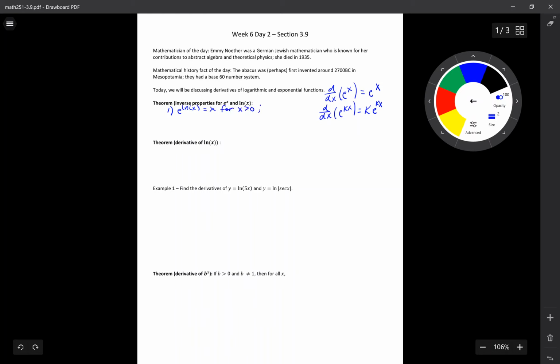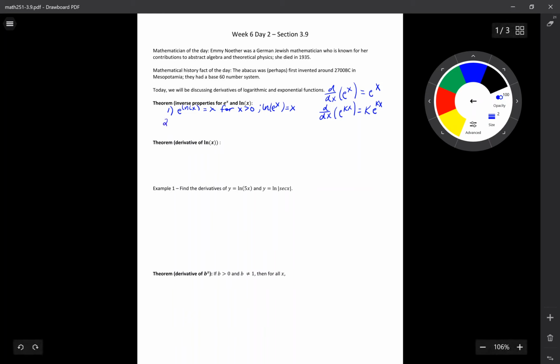And the natural log of e to the x is also equal to x. So this means that e to the power of x and natural log of x are inverse functions of each other, because if I compose them with each other, I get our variable x.